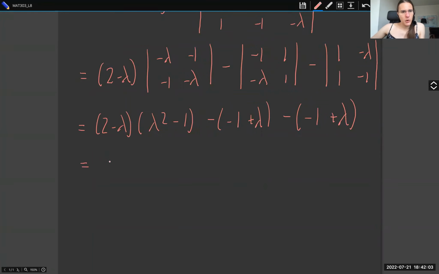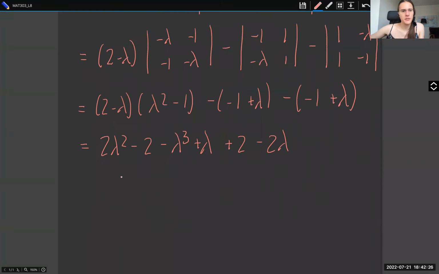So expanding that out, we get 2 lambda squared minus 2 minus lambda cubed plus lambda plus, and then let's just combine these together. So we get a +2 minus 2 lambda from both of these terms.